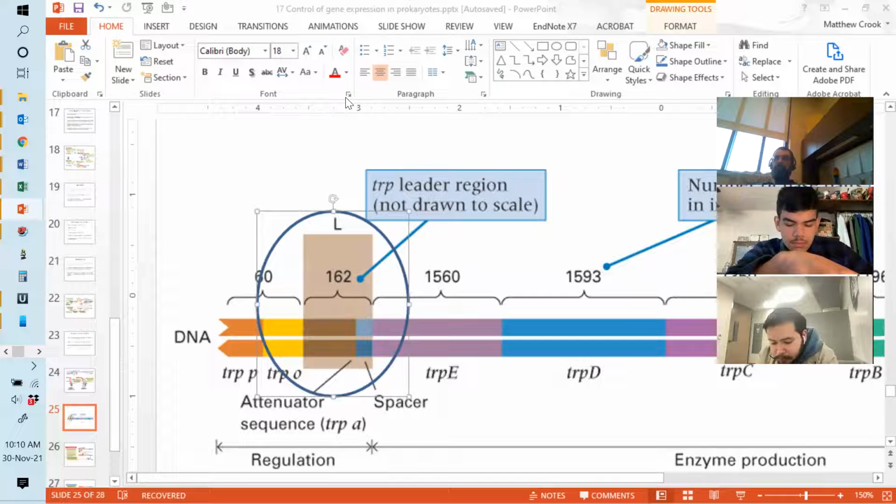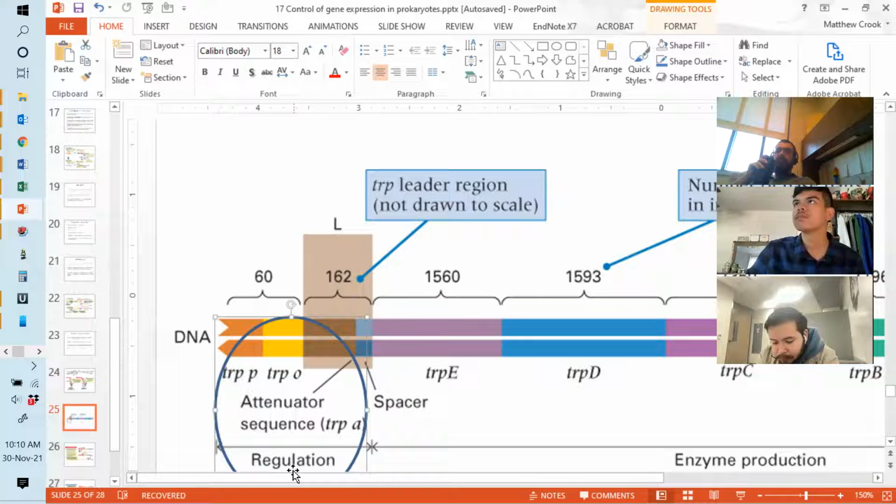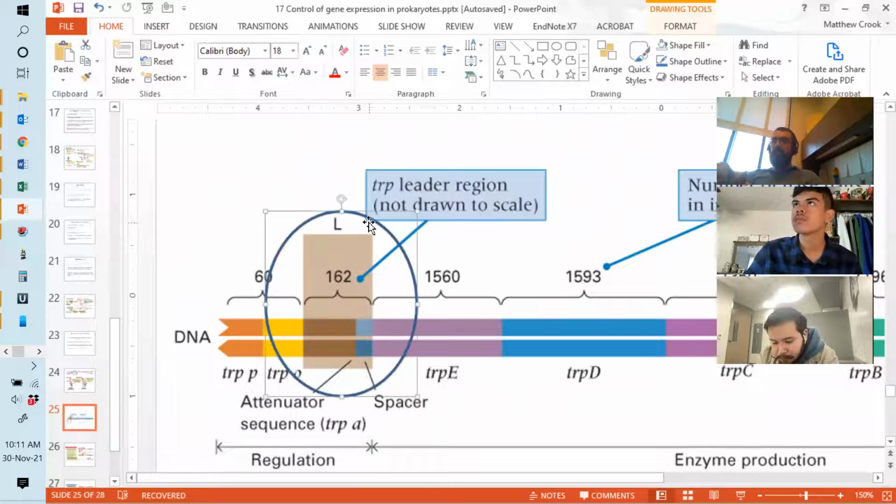You said it produces a structural protein? No, does it? That's a question. We're still in the regulatory part of the operon. So this is mRNA, and it encodes protein, this leader region, but it's not a functional protein.